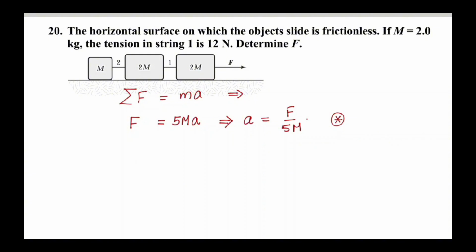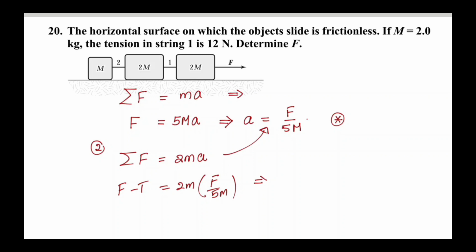Now the sum of all forces on system 2 equals 2MA, and in this one, F minus tension equals 2M times A, which we just calculated from here, F over 5M.